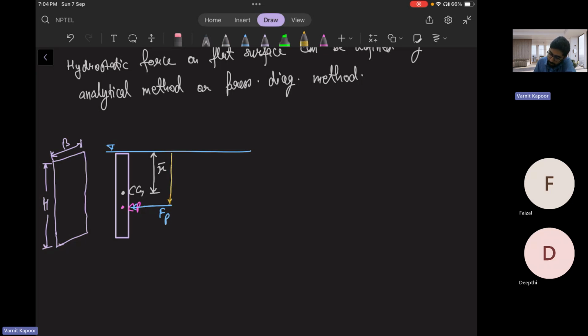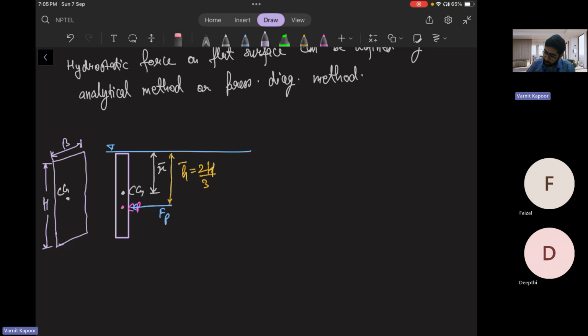And h bar, just now we have calculated, the value of h bar is 2h by 3. So if I see this plate again, this was your point of CG, center of gravity.